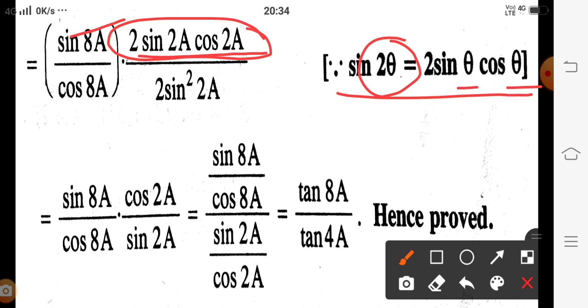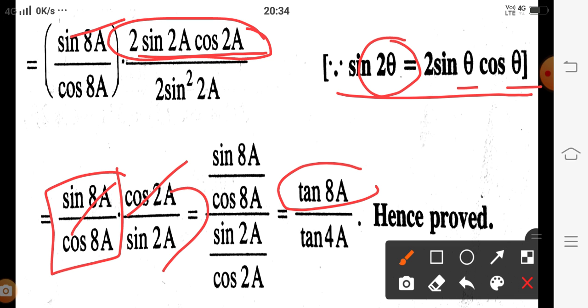And on solving these, sin 8a upon cos 8a we get as tan 8a. And if you take this value in the denominator, this is mistaken here.